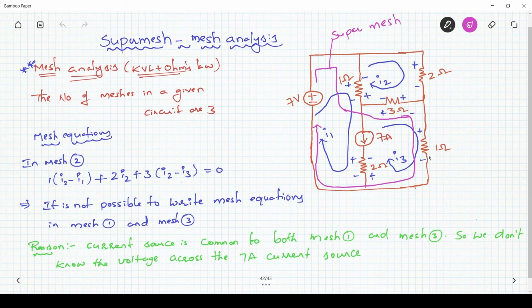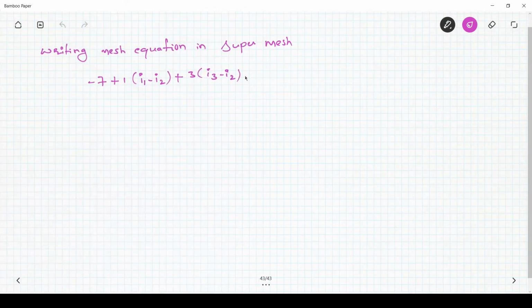Now we are at this 1 ohm resistor element. Here the voltage across the 1 ohm resistor is 1 into I3. So plus 1 into I3 equal to 0.